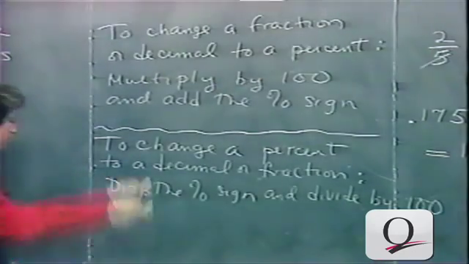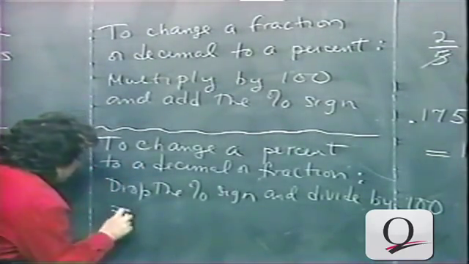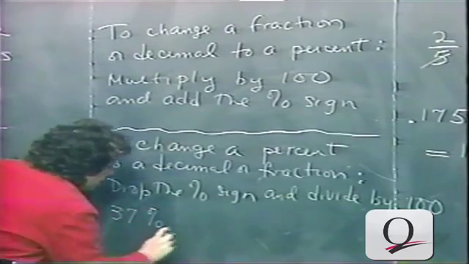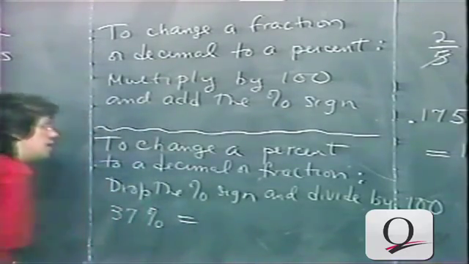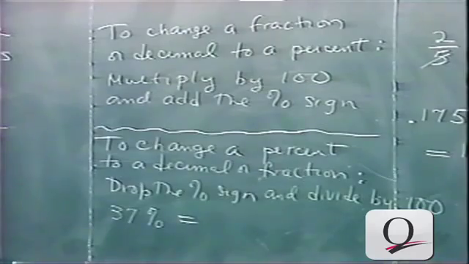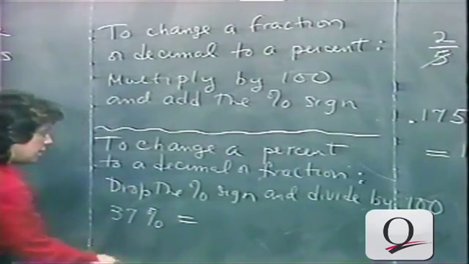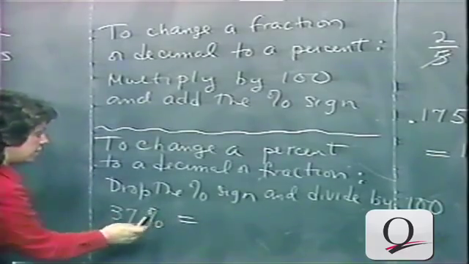So for example, 37%. If we want to rewrite that as a decimal or a fraction, we drop the percent sign and divide by 100.